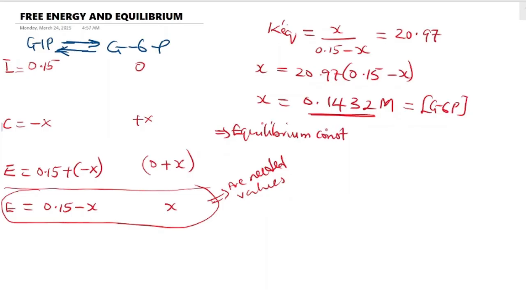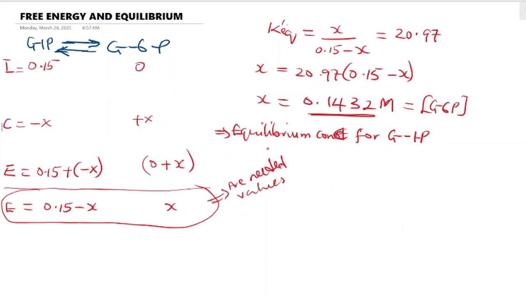We now look for the equilibrium concentration, not constant, for glucose 1-phosphate, which is the reactant.